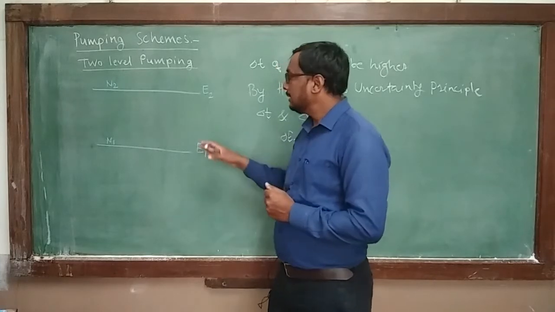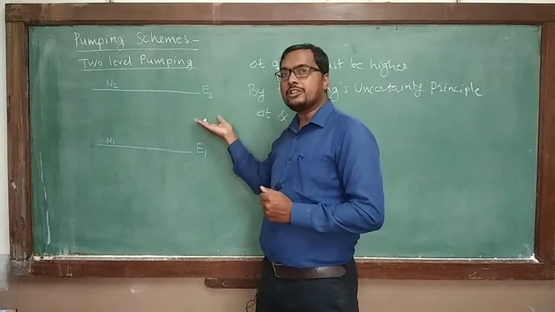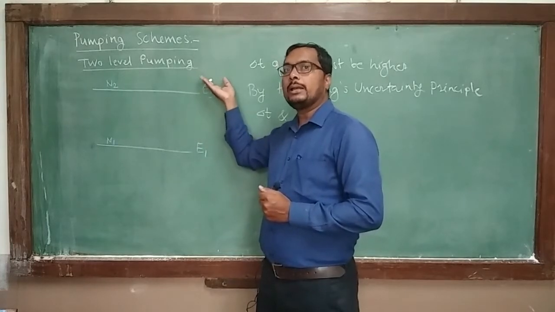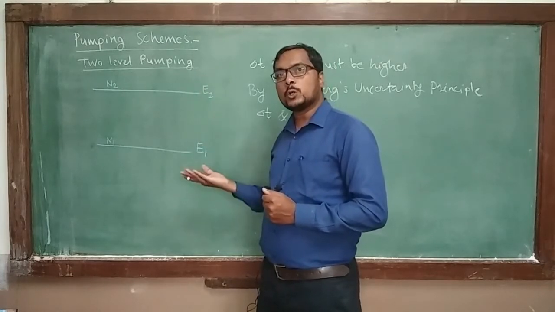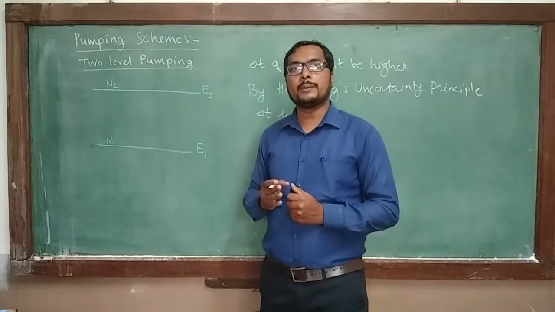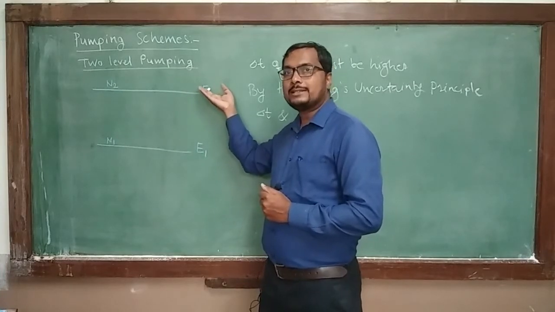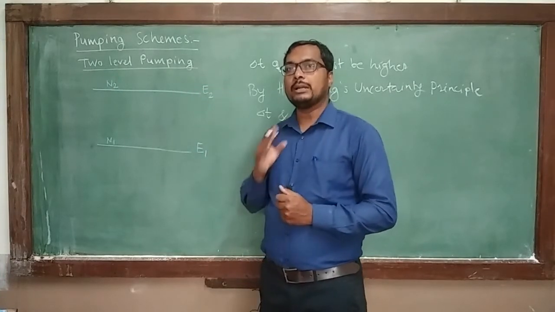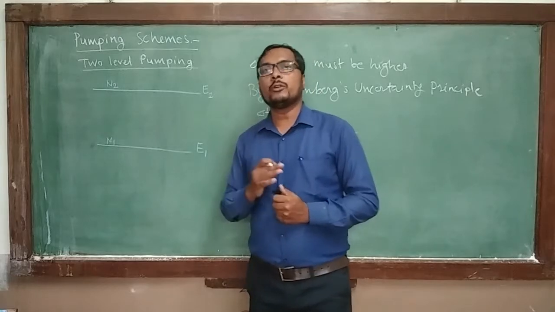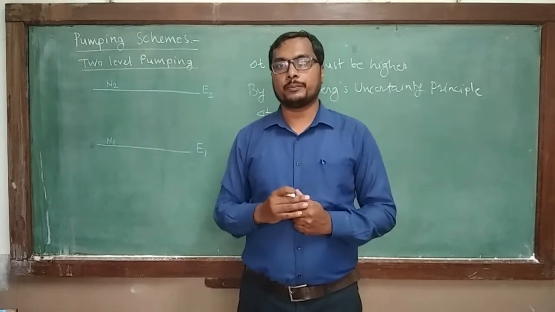That means the same radiation used to pump the level E2 also depopulates the level E2. The same radiation populates and depopulates the upper level simultaneously, and therefore we cannot achieve population inversion.